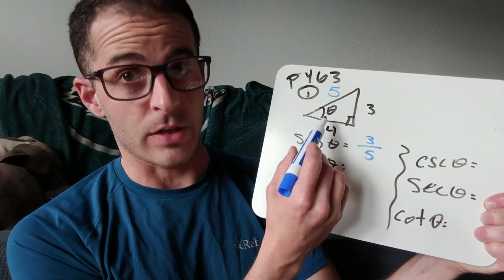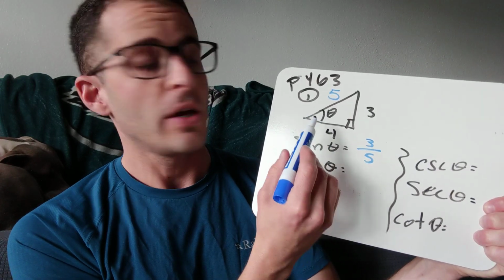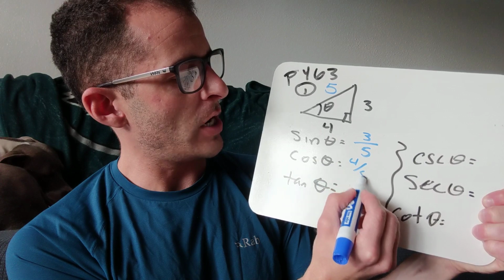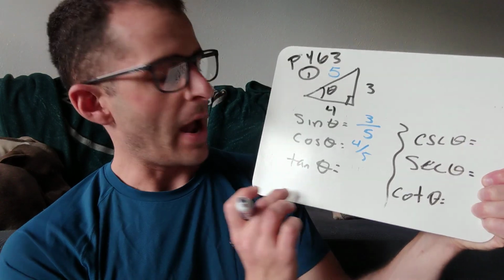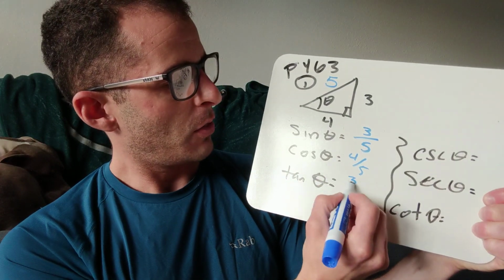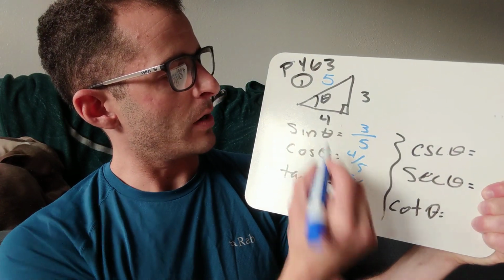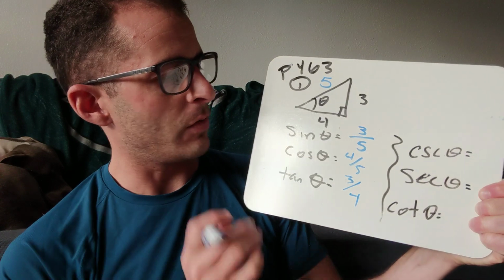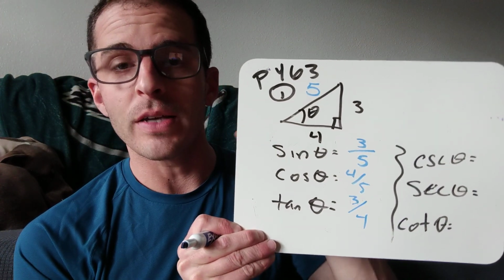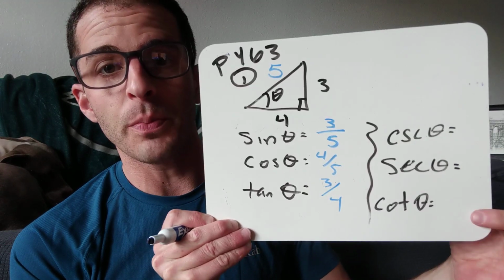Adjacent is the wall, that's not the hypotenuse, that you can touch. If you're standing right here, you can touch this wall. So the cosine is adjacent over hypotenuse. And then finally, the tan is opposite. So where are we looking? 3. What wall can we hit? 4. Opposite over adjacent.